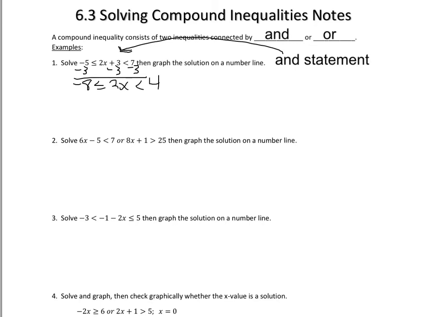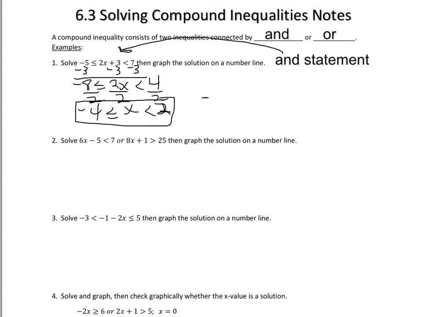Now we have to finish isolating x, so we're going to divide by 2 on all parts. And we're going to have -4 less than or equal to x, which is also less than 2. So there's our solution to our inequality.